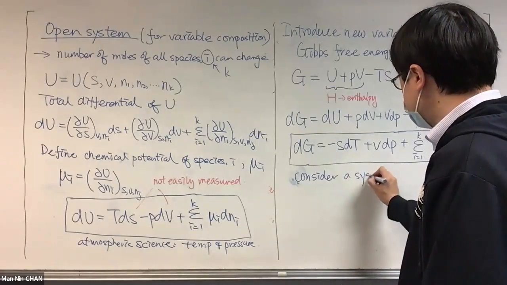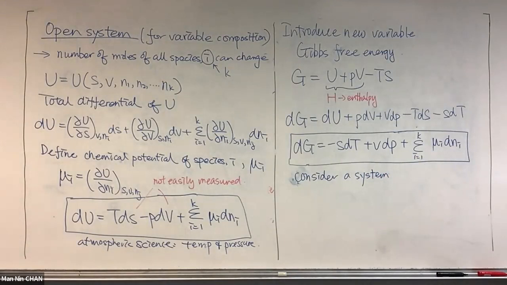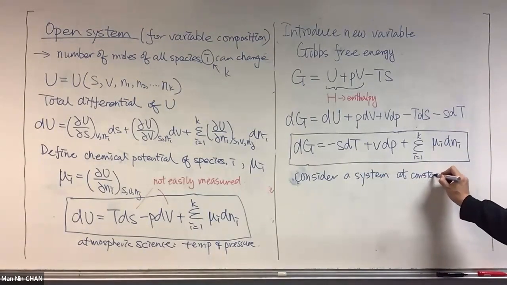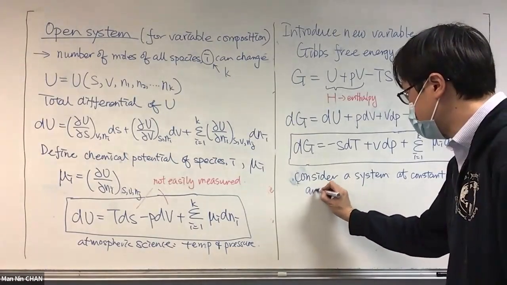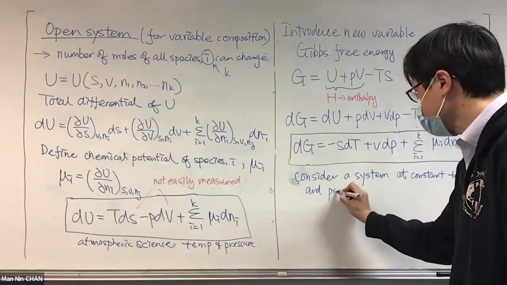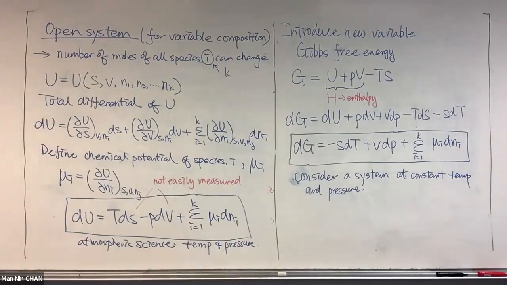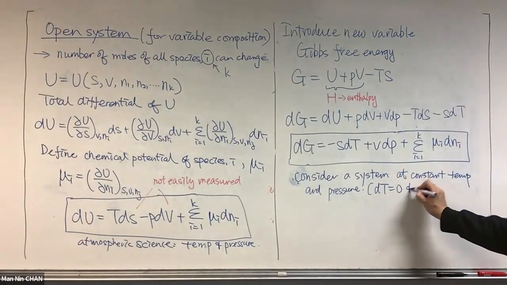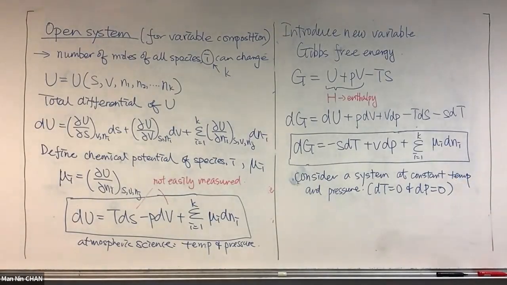If you remember, we are interested in looking at a system at constant temperature and constant pressure. In this case, that means your dT will be equal to 0, and also dP will also be equal to 0.